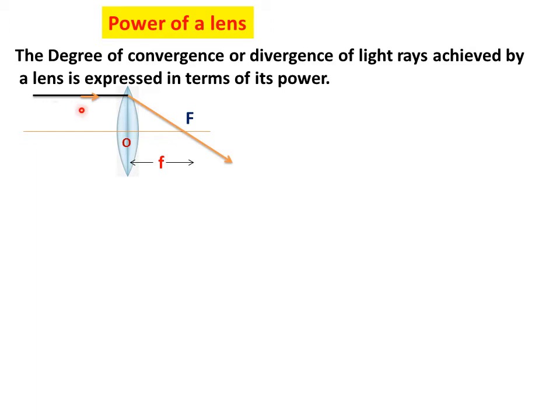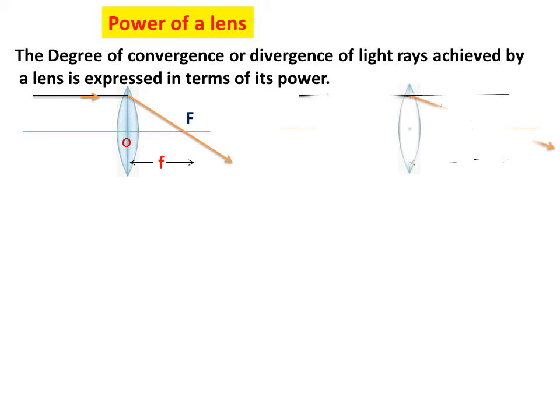Here we see a convex lens of shorter focal length bends light rays towards the principal axis through a larger angle by focusing them closer to the optical center.